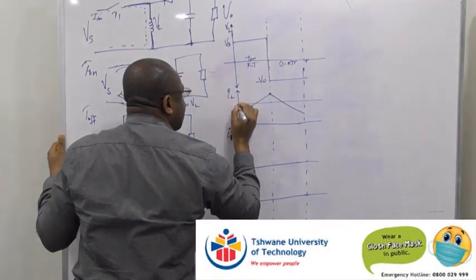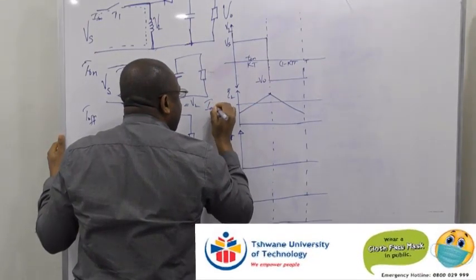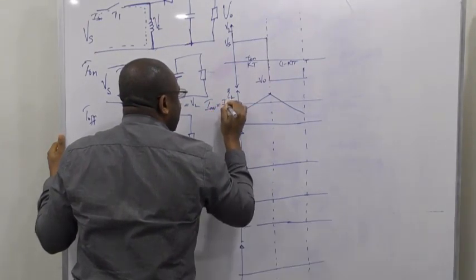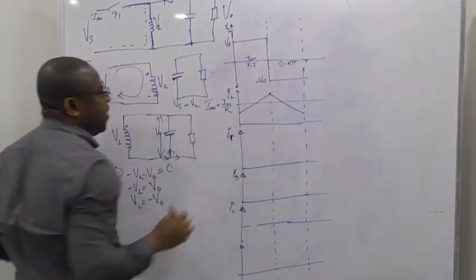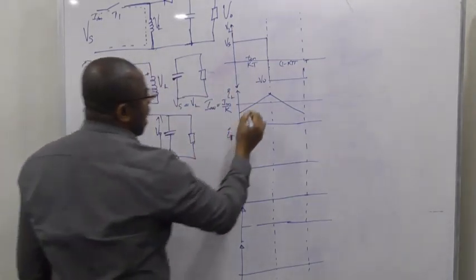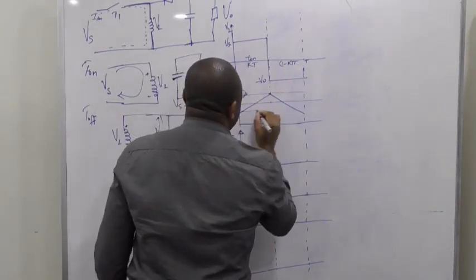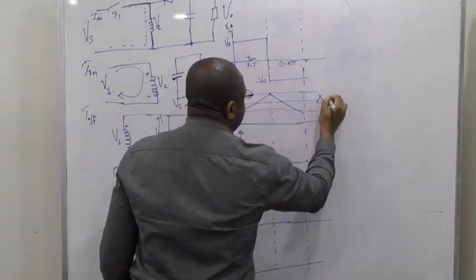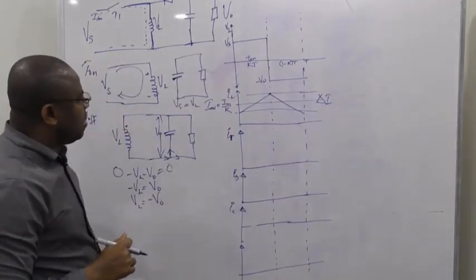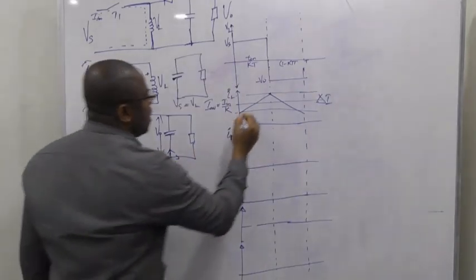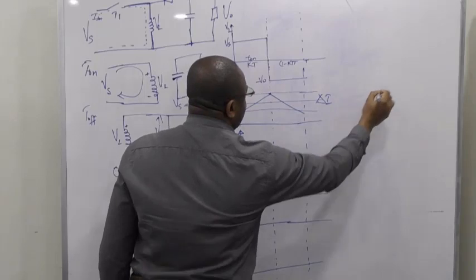So here the average value, I average, will give you I in over K, the duty cycle. That will be the average value of this ripple. And then remember that between this and that is your peak to peak ripple current on the inductor.